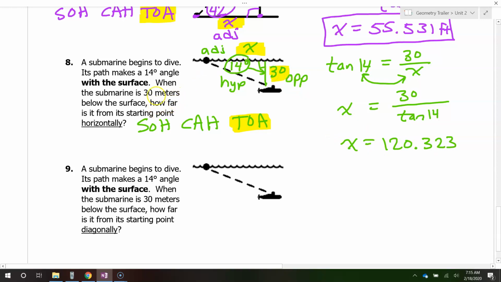And the units, meters. We're talking about meters. So let's definitely include the units for full credit.